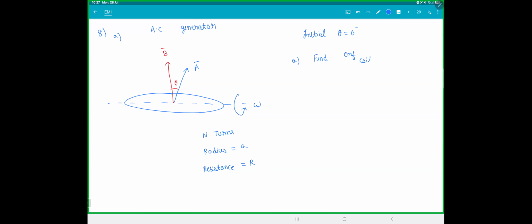So find the EMF of the coil. That's an easy one. Find the charge that flows through the coil in half revolution. This is a very good mains level question. Comes a lot. So how much charge flows through the coil in half revolution?